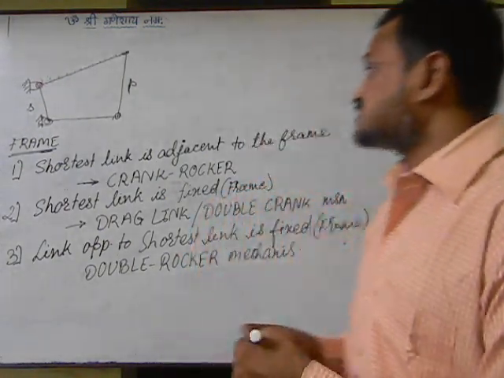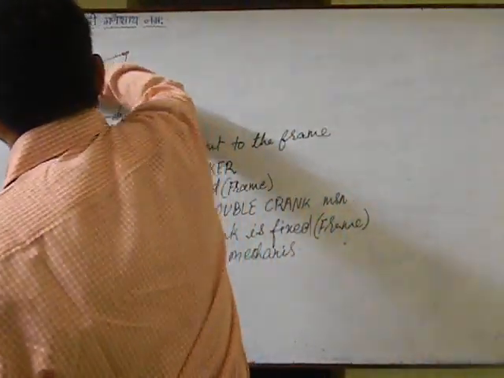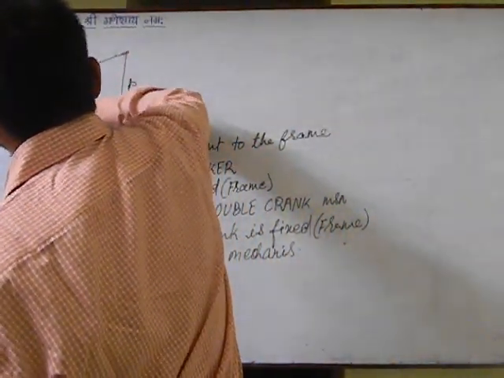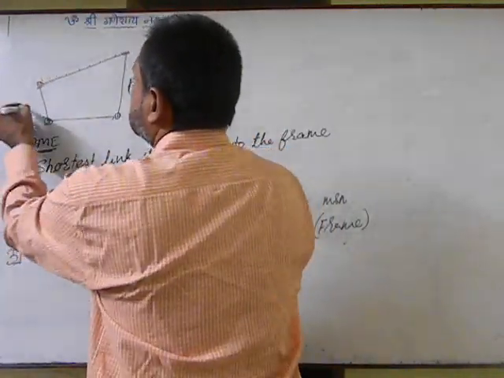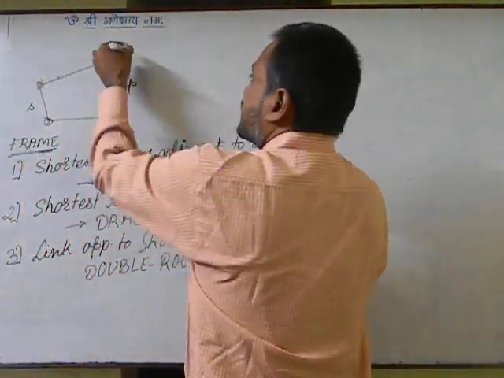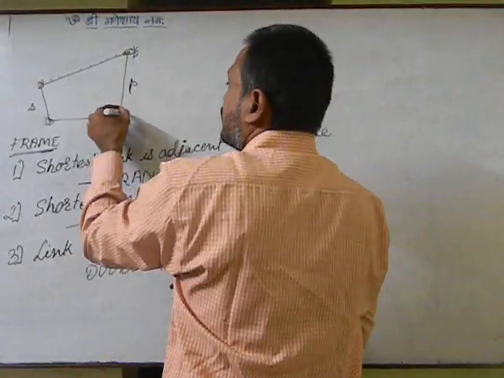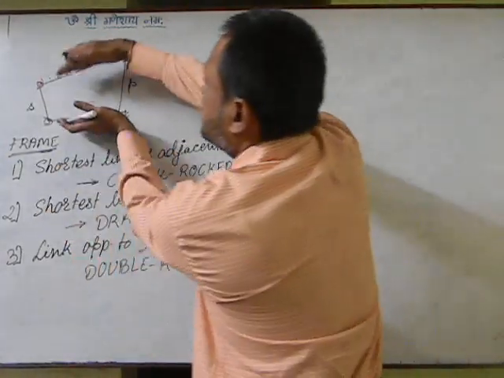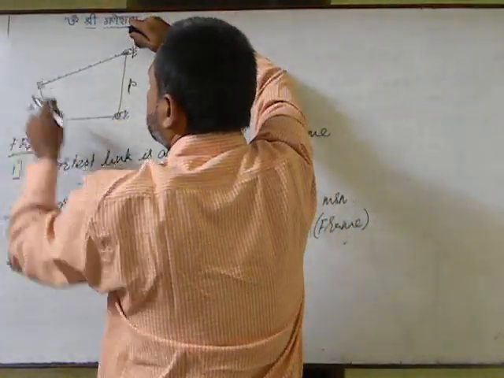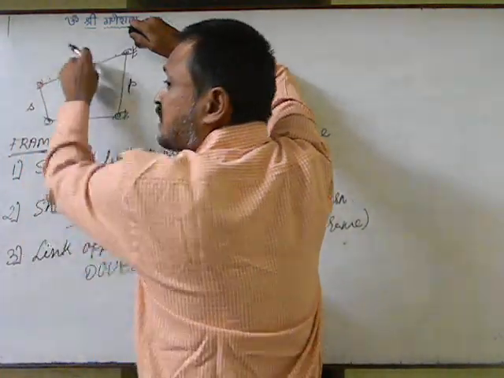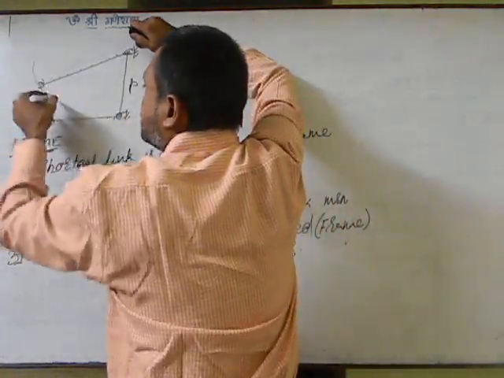Now in this case, when we are fixing the opposite link, this is the shortest, so opposite to that we will get this one, and this link adjacent to the frame, they will be rocking.